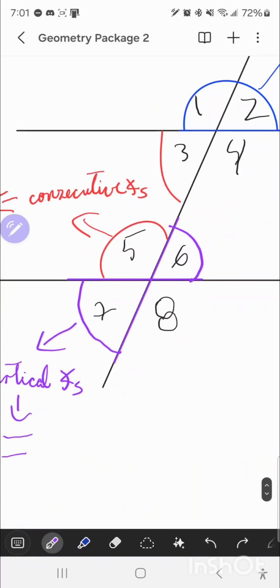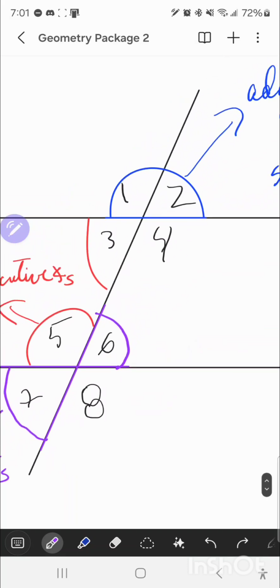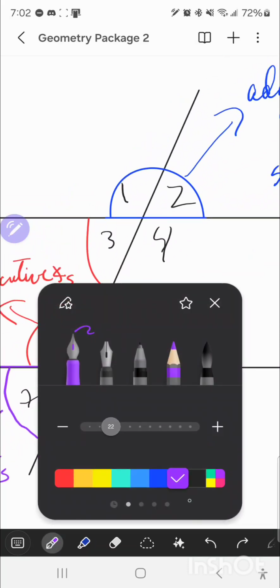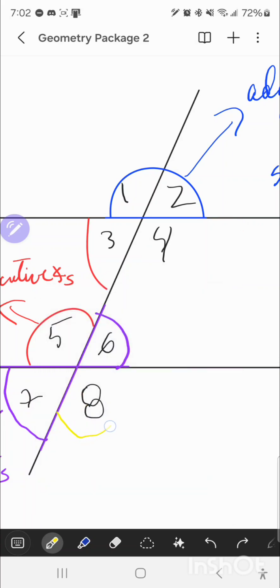Now comes the alternate angles. I was thinking ahead of my brain before. So vertical angles, yellow. I will say that 8 and 1 are alternate angles.